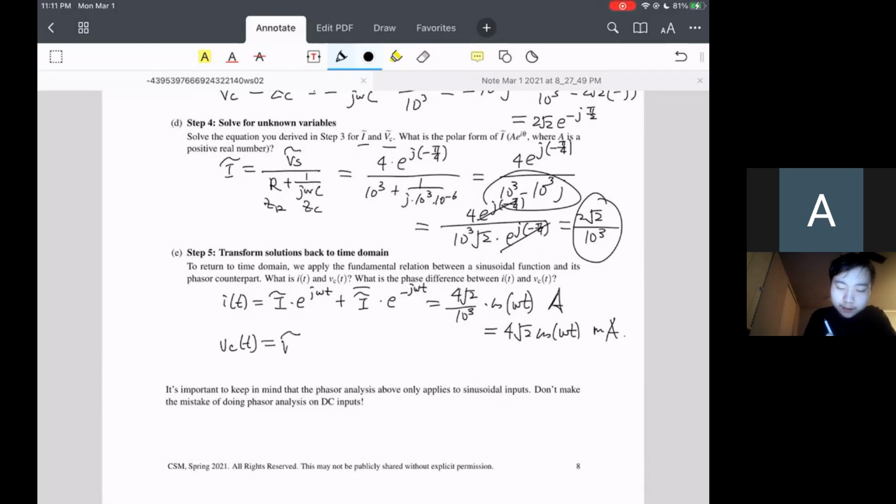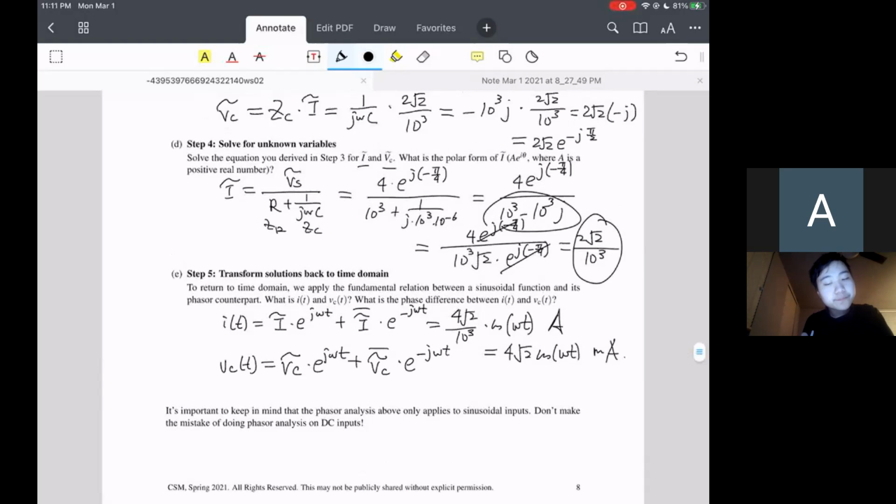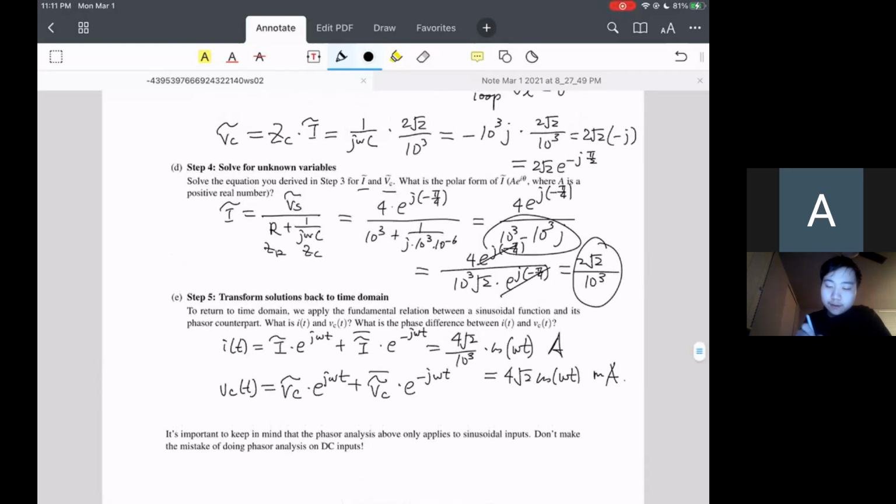We just put in the phasor times e to j omega t plus the conjugate of the phasor representation of VC times e to the negative j omega t. So since VC is actually this value, we see that this is equal to 4 root 2 cosine of omega t plus minus pi over 2 volts.